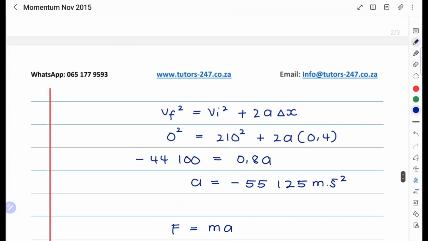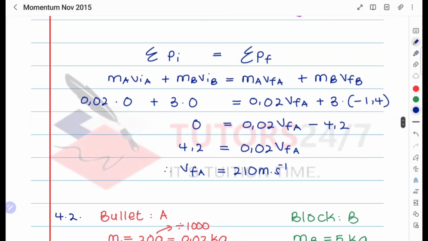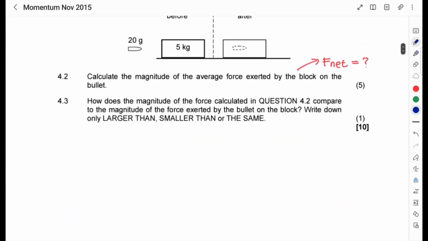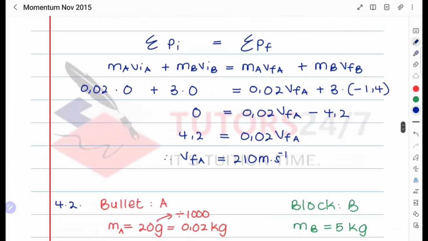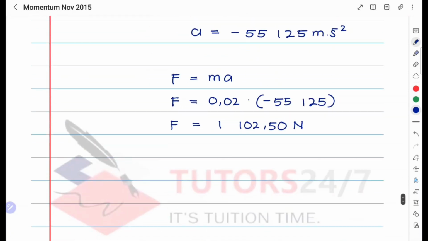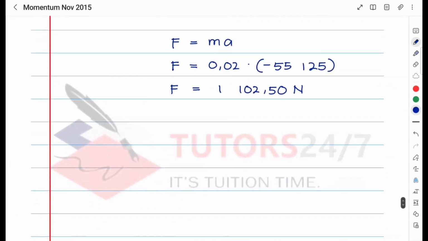Now, let's see. Were we supposed to write down the magnitude only? Let's see. So, question 4.2 states, calculate the magnitude. So, this word is important. We need to calculate the magnitude of the force. So, if we are asked to calculate magnitude, we do not need to include the direction. So we do not need to include the negative sign, okay?